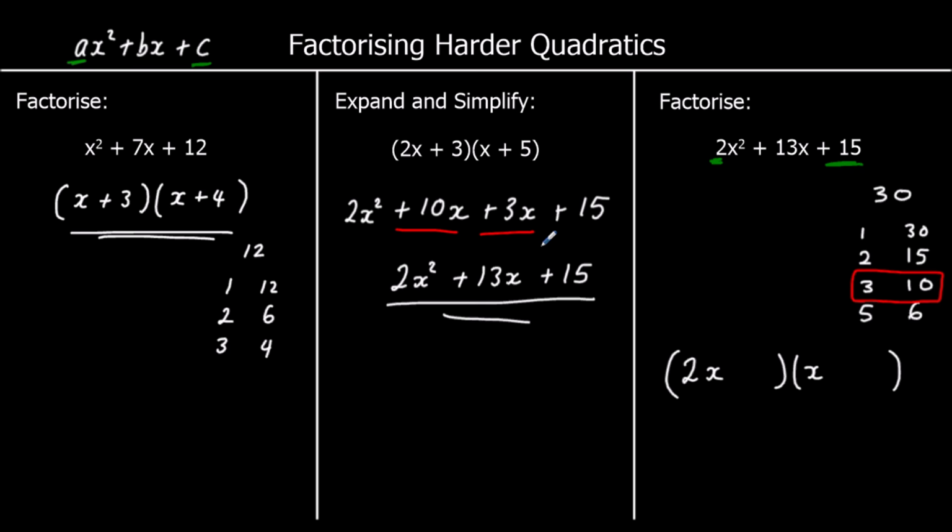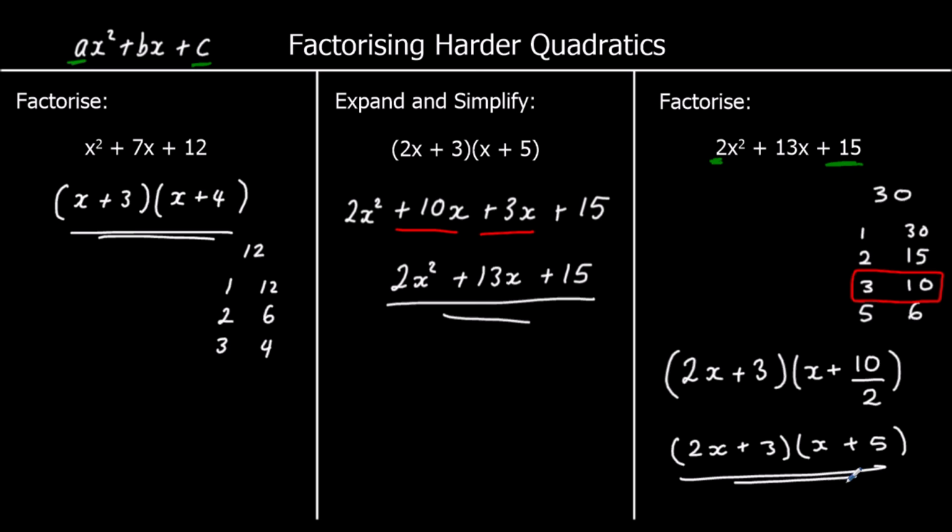Well, we do the opposite, which is halving it. So I'm going to put a divide by 2 over here. We want plus 3 and plus 10. And we can simplify the 10 over 2, which will be 5. And there is our answer.